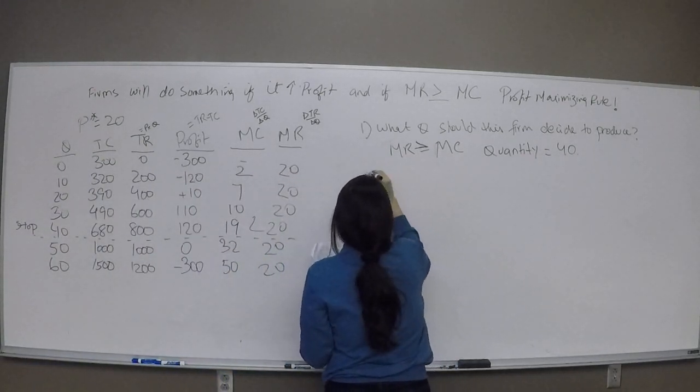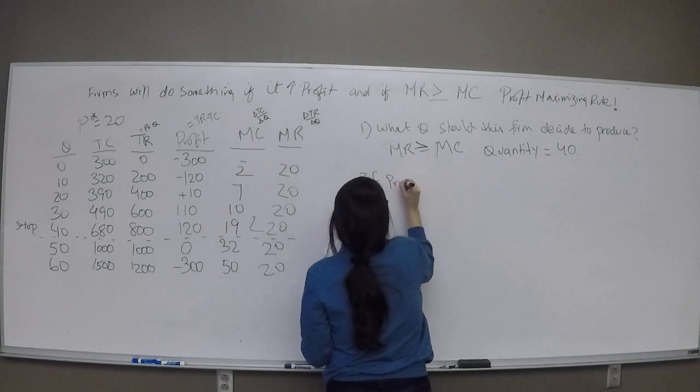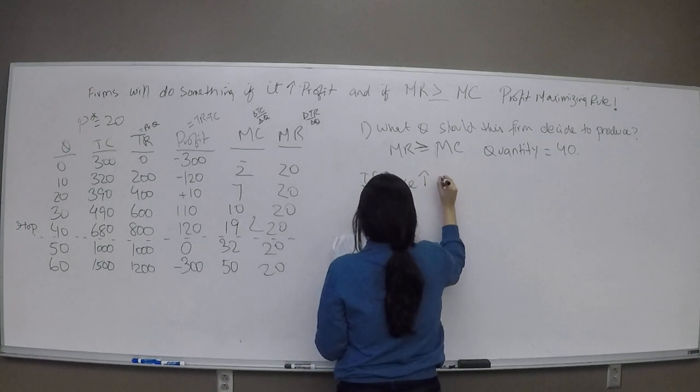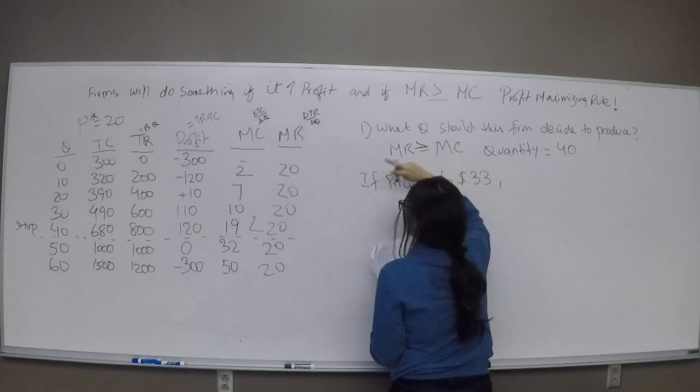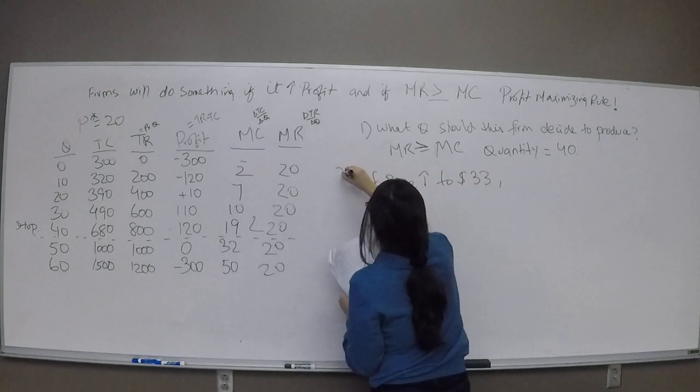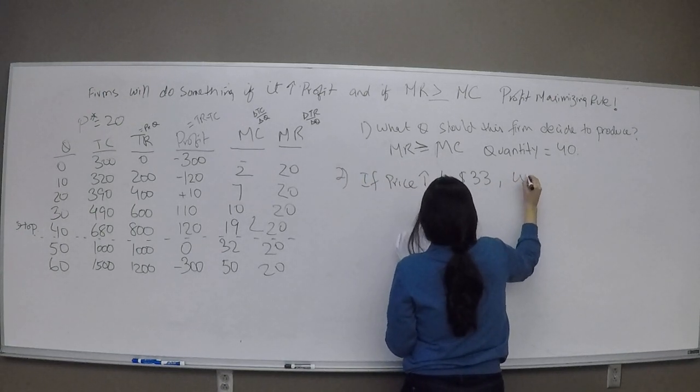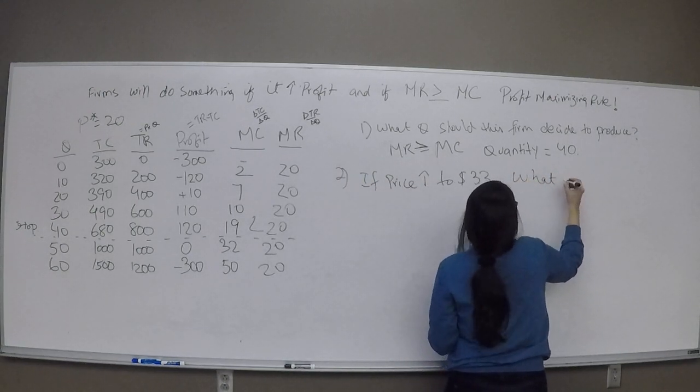If price increases to $33, before it was $20, what's the profit maximizing quantity?